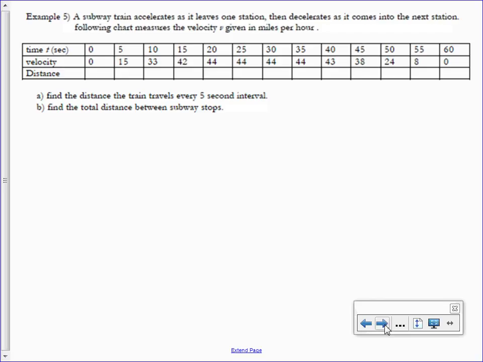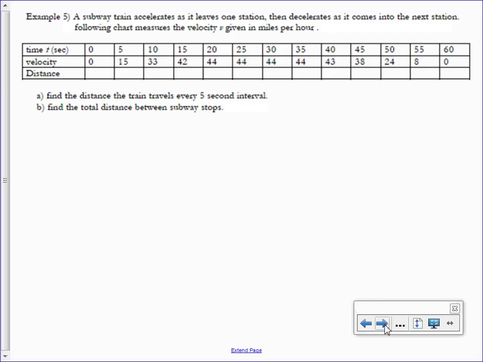All right. Here we go. Once upon a time, a subway train accelerates as it leaves the station, then decelerates as it comes to the next station.